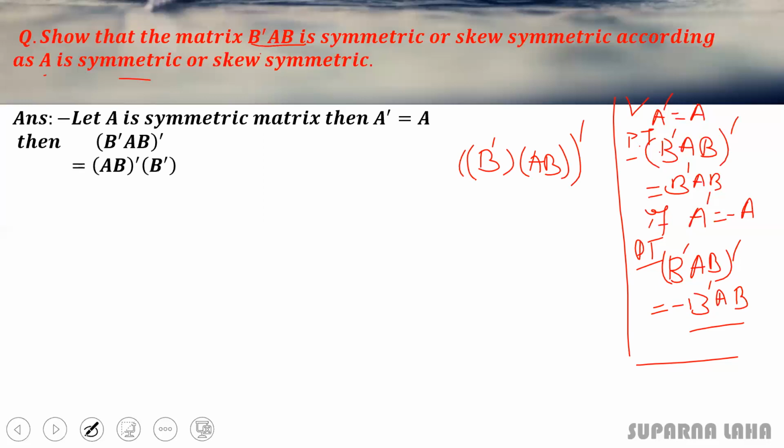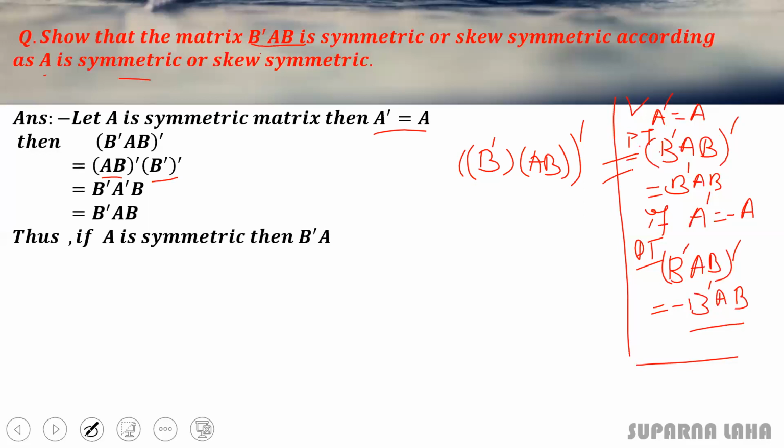So just apply it: AB transpose, B transpose. Again apply the same formula for the first part, that is B transpose A transpose, and B transpose, its transpose, is B. So B transpose A transpose B. Now A transpose is what? A. So put this condition, and it is B transpose A B. So ultimately you got this condition. That means this is symmetric if A is symmetric.